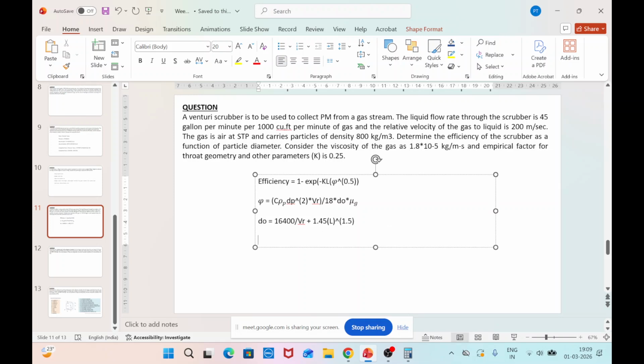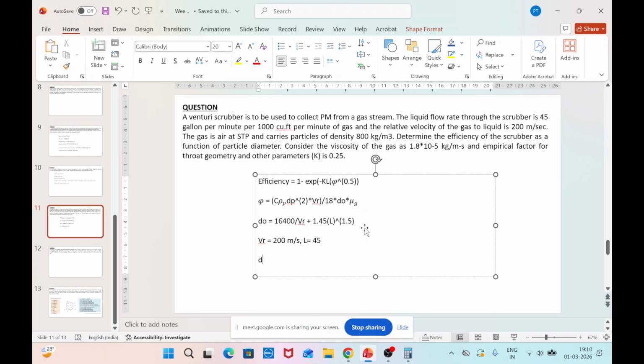Now these are the expressions. We know Vr is 200 meter per second, and we know L is 45.